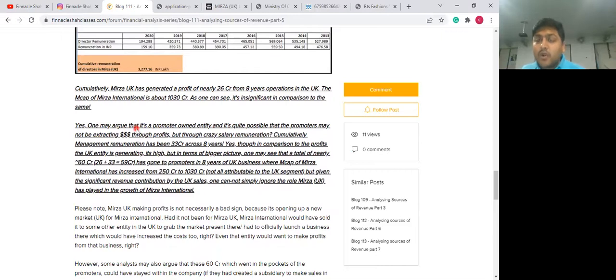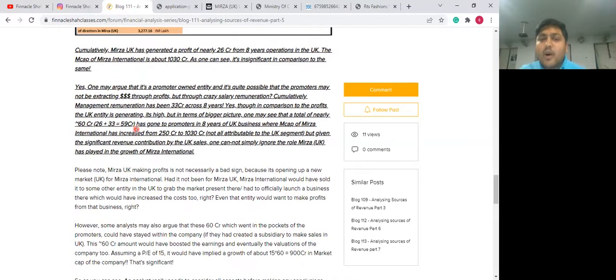And that 60 crore would have meant a lot. So assuming a PE ratio of, let's say, 15, if you were to compute it, you would have got a significant increase in market cap of about 900 crores. Now, people can argue in multiple ways here that it's a 60 crore amount. If you compare it to market caps, it's very insignificant.